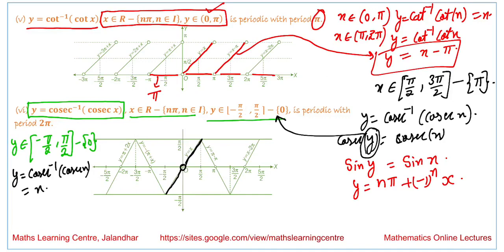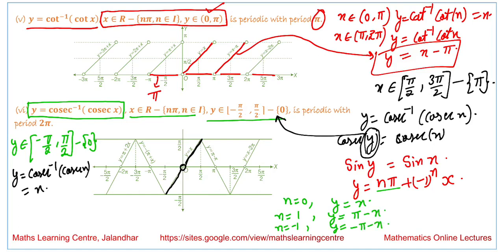If we substitute different values of n, for n is equal to 0, we will have y is equal to x. For n is equal to 1, we will get y is equal to pi minus x. If we substitute n is equal to minus 1, we will get minus pi minus x.